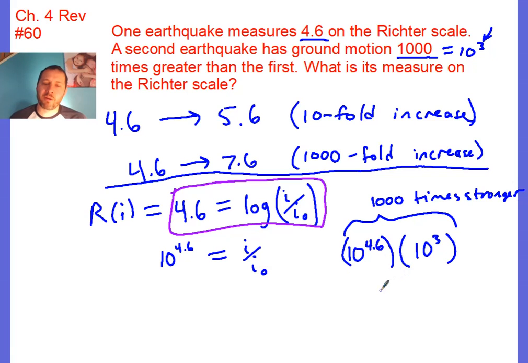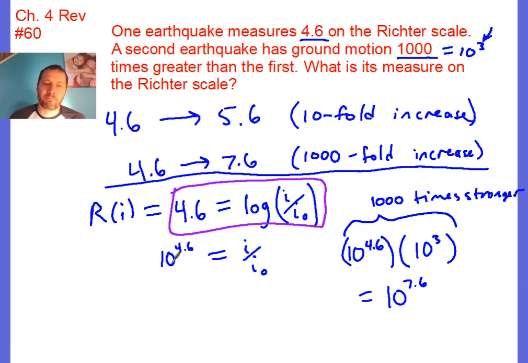And when you multiply like bases, you just add the exponents. So 10 to the 7.6, whatever that is, which, 10 to the 7th is 10 million, 10 to the 8th is 100 million, so this would be probably like 40 to 50 million, basically. Yeah, that's it. So that's the intensity.